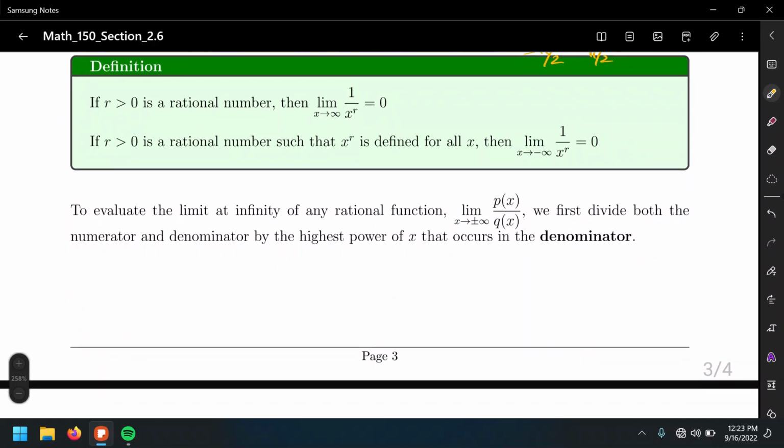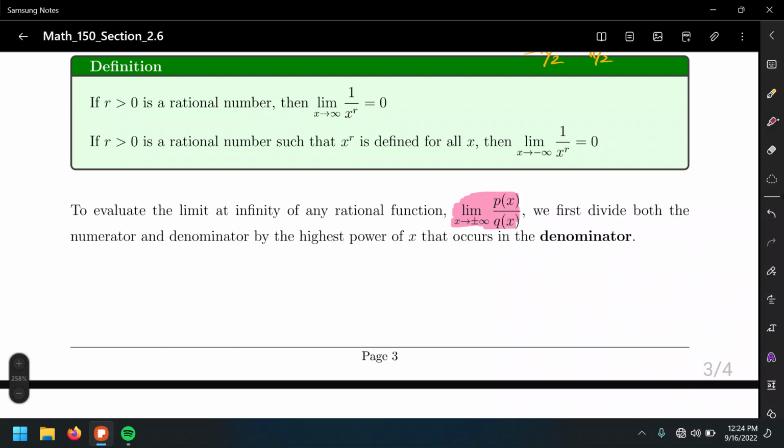Whenever we have rational functions, we will now get to compute limits algebraically, but in this case, evaluating those limits at infinity. The trick here is that whenever you have a limit of a quotient between 2 polynomials, this is the definition of a rational function, whether at negative infinity or at positive infinity, doesn't matter.